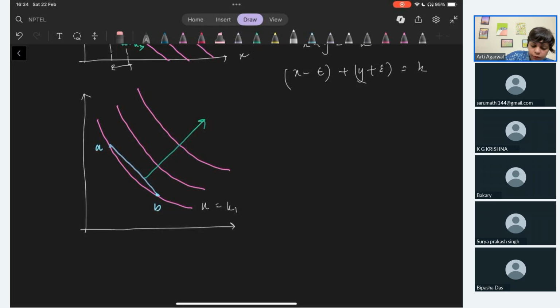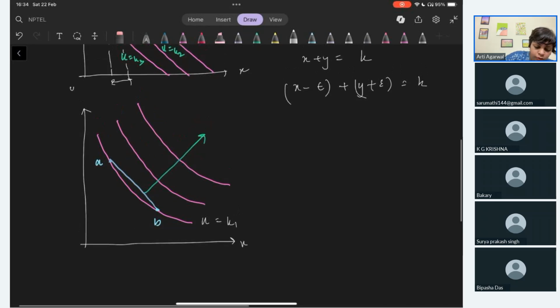This is X, this is Y. Then B has more of X and very little of Y, and A has a lot of Y and very little of X, right? So any point on this blue line is going to be a little more balanced than A and B, the consumption bundles. And that is always going to be more preferred than too much of one good or too much of the other. That is what convexity means in preferences.